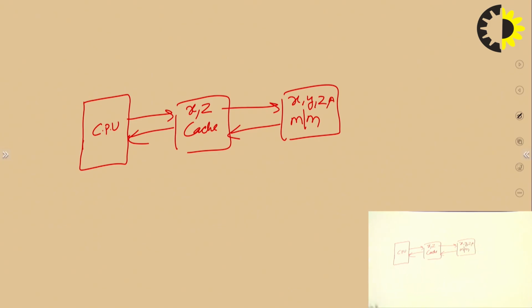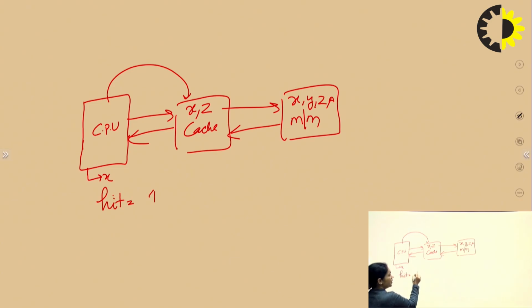Now the CPU asks for X. First, it will go to the cache memory. First call, yes, cache memory. Means number of calls matters. There is a hit. So there is a hit. 1 hit is done. Okay.